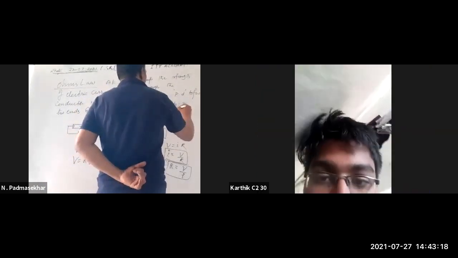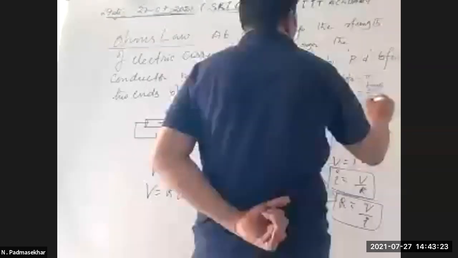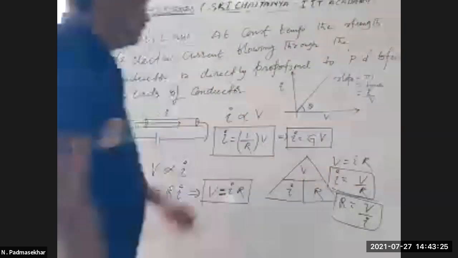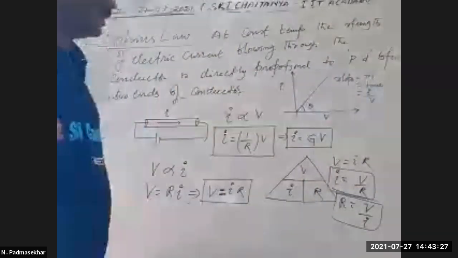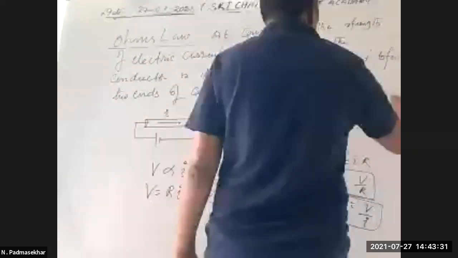Slope is equal to tan theta. Tan theta is equal to I by V. So I by V is conductance. This directly gives the slope, directly gives conductance.